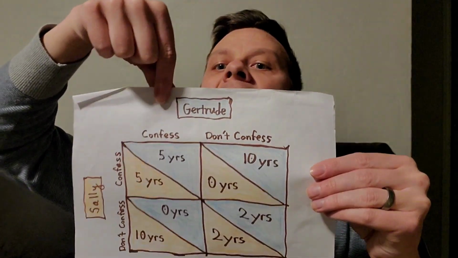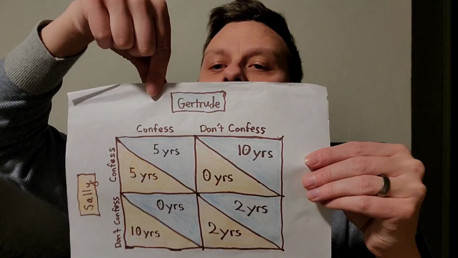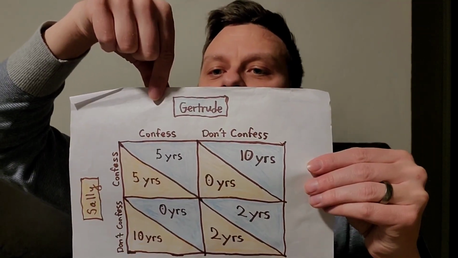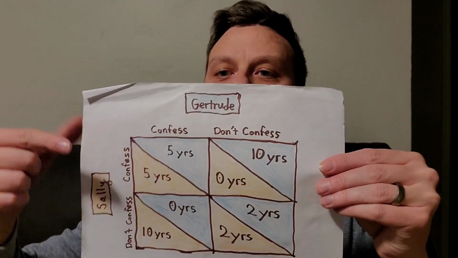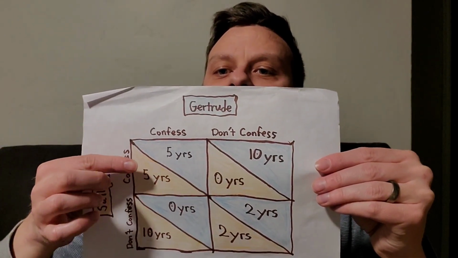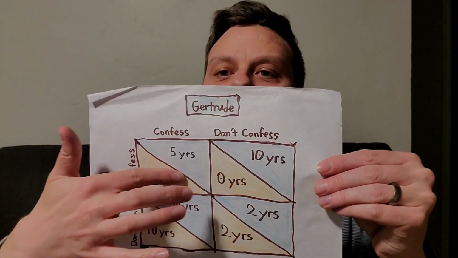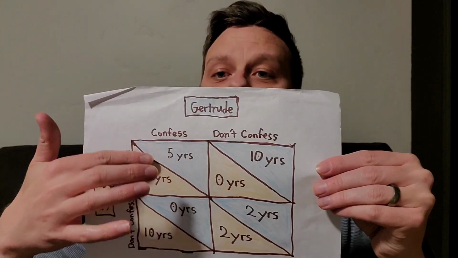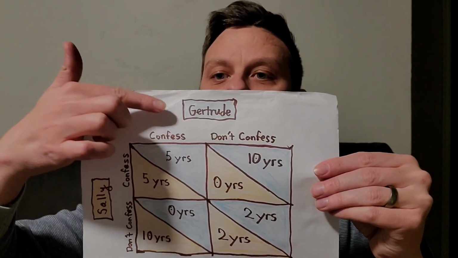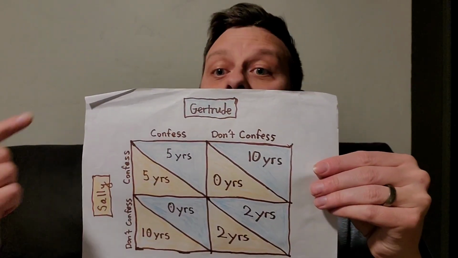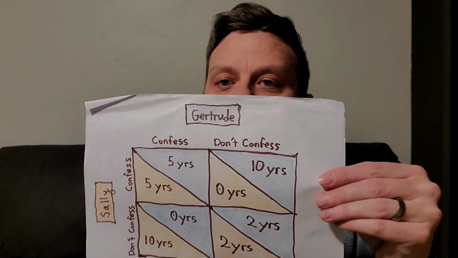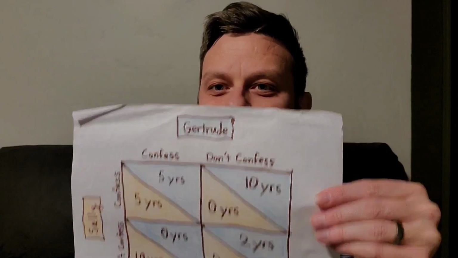Sally also has the same conclusions to her confession or not confession. Therefore, our Nash equilibrium in this prisoner's dilemma will be right here in the top right corner, and we would suspect that both Gertrude and Sally will confess, and they'll both receive 5 years in prison.